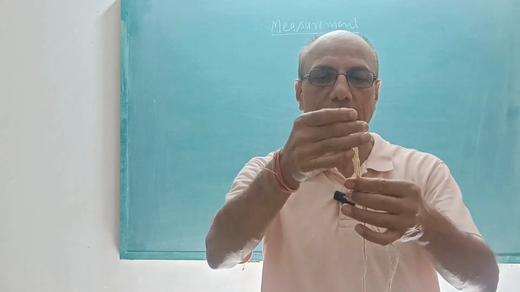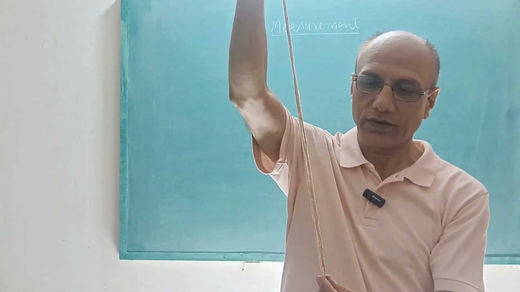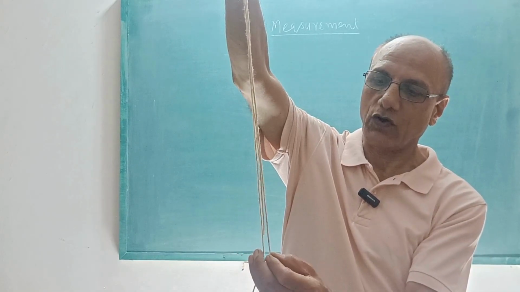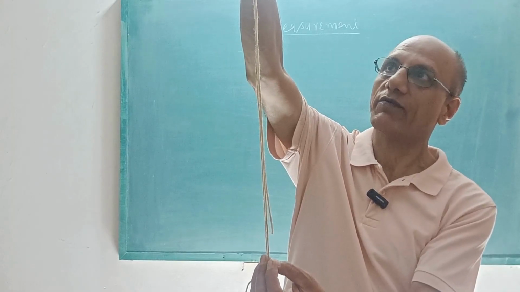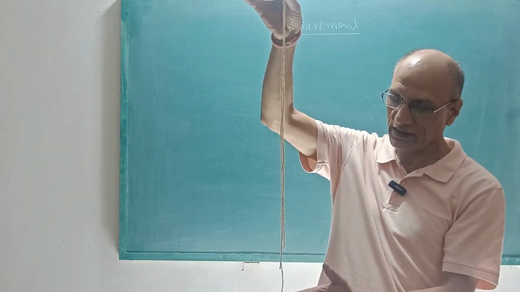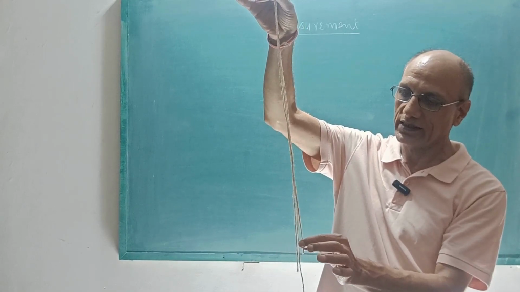Just see. This is the longest one, this one is longer, and this is the shortest, because after comparing we come to know which is the longest, the longer and the shortest.